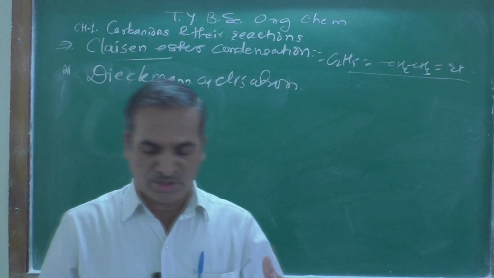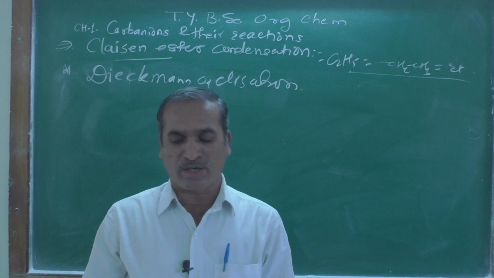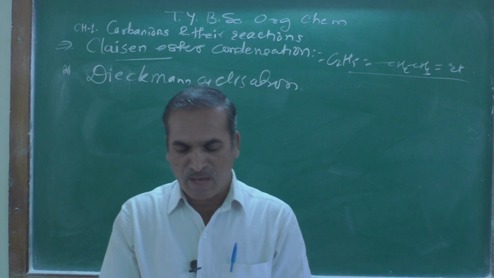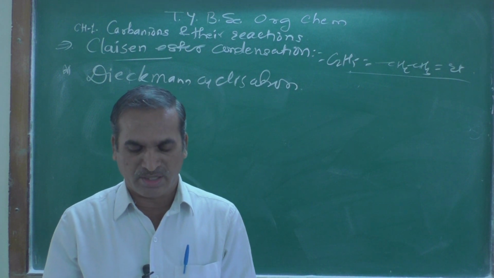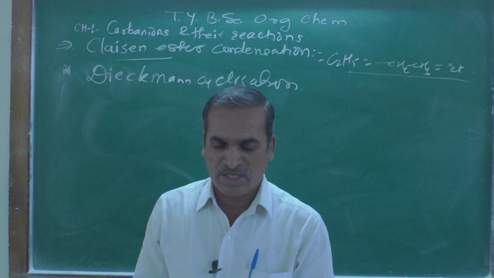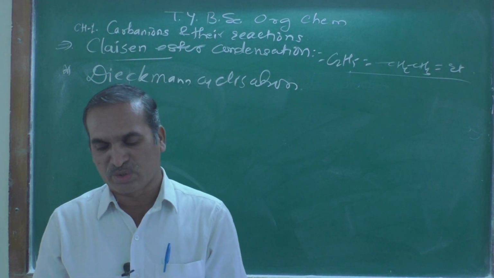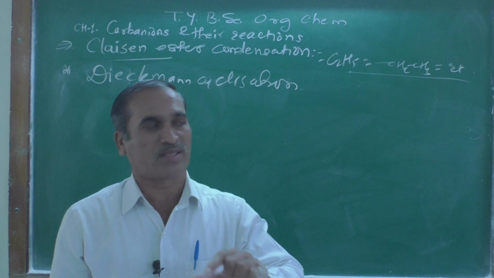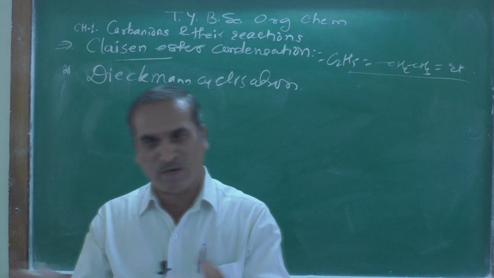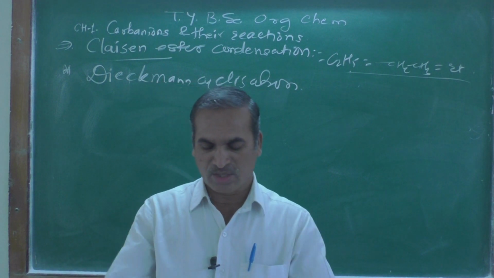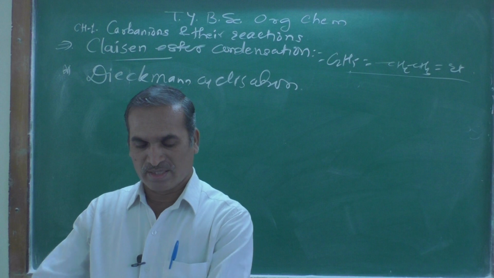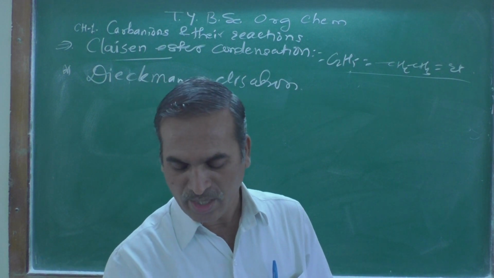When the two ester groups are part of one and the same molecule, an intramolecular Claisen ester condensation takes place, giving 5, 6 or 7 membered cyclic beta keto ester. This is called Dieckmann cyclization, whatever pronunciation you feel is good, you can pronounce it.